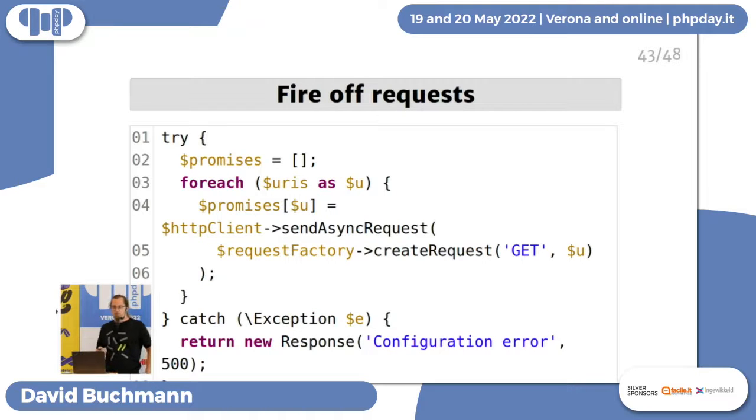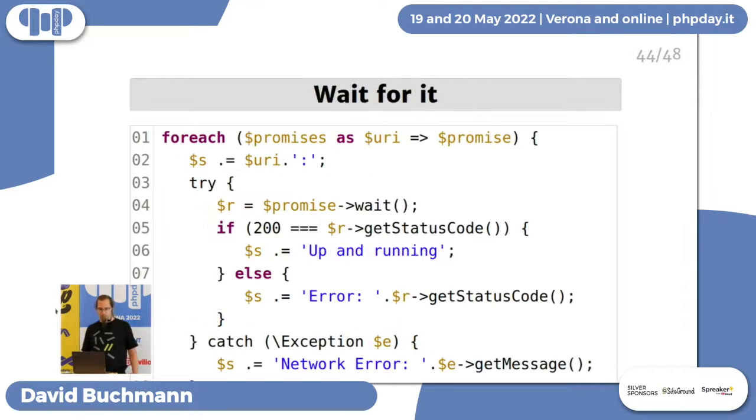So with promises, what you do is you would loop over your things. So here I'm just having an array of URLs, and I send async requests to these URLs and collect the promises that I get back. And then in a second loop, after I fired off all these requests and have the promises, I can loop over my promises.